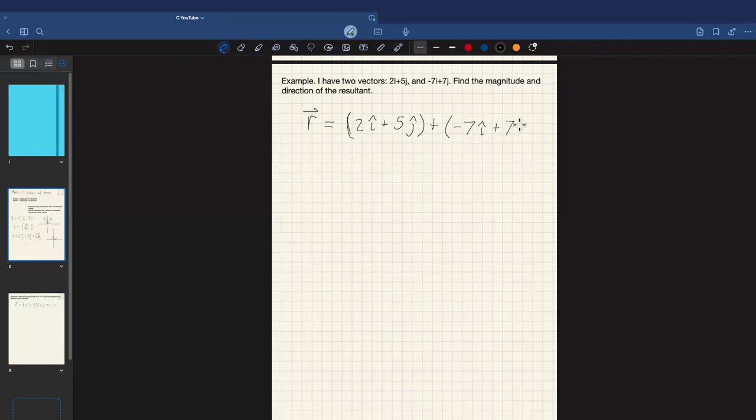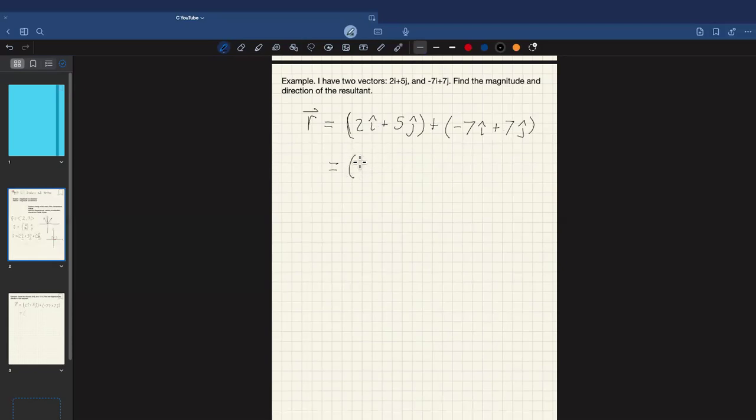plus 7j hat, right? And so what happens now is, again, these are all just numbers. The i and j hats are constants that only refer to direction. So you can actually rearrange this addition however you like. And so what I do is I group things with the i hats, so I can take that out, and then likewise with the j hats as well.